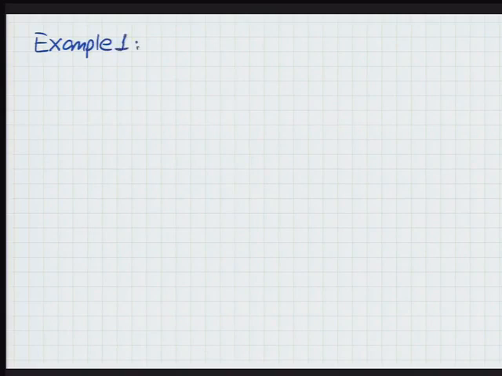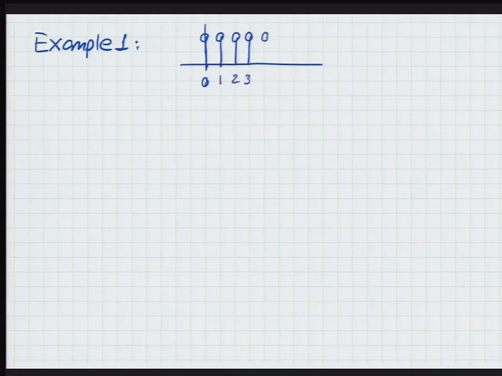So, first example. Let's say we have a signal that's a simple pulse, started at time 0, lasted for 5 units of time. Since it started at 0, the last time was 4, and afterwards it became 0. So it's a finite duration signal with duration equal to 5.